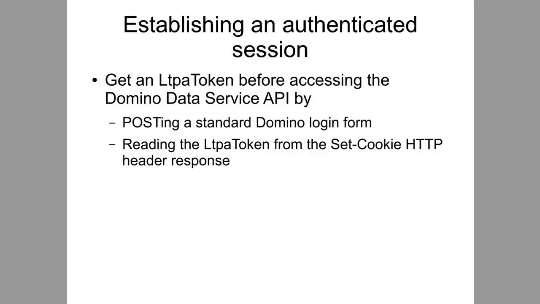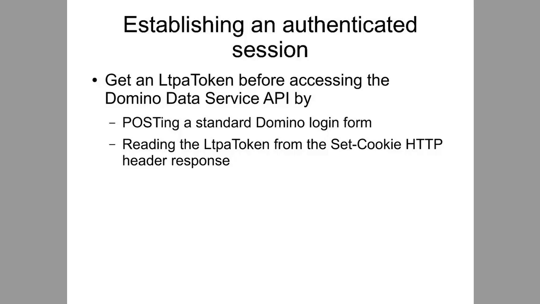So, establishing an authenticated session. Basically, the data service API is just HTTP requests that you send to the server. That's basically like if you had a browser, you would be hitting the server and asking it to show you HTML. But here we're just asking it to give us the JSON.